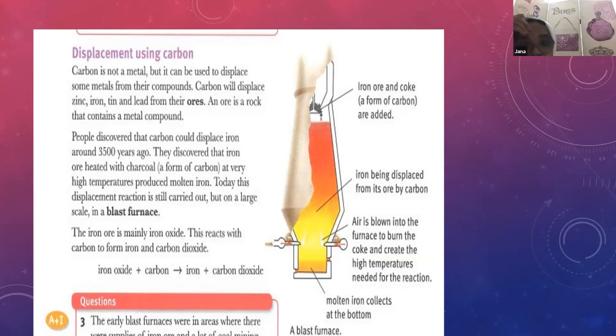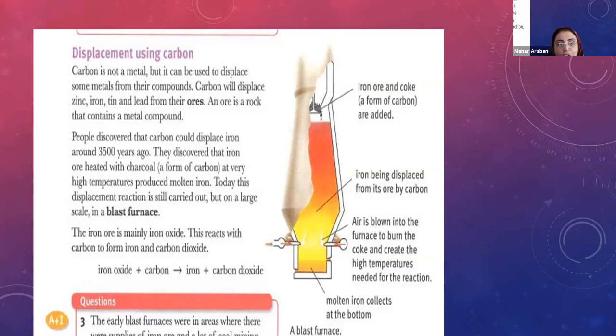Carbon dioxide is formed when the iron is displaced and the carbon combines with oxygen to form carbon dioxide.